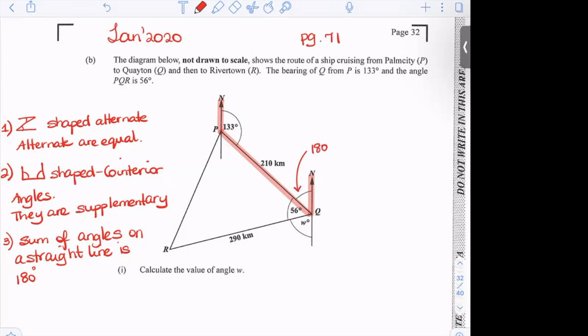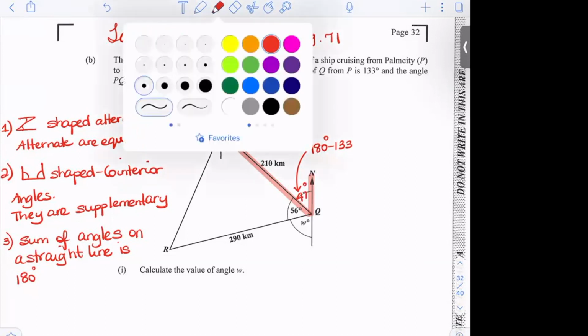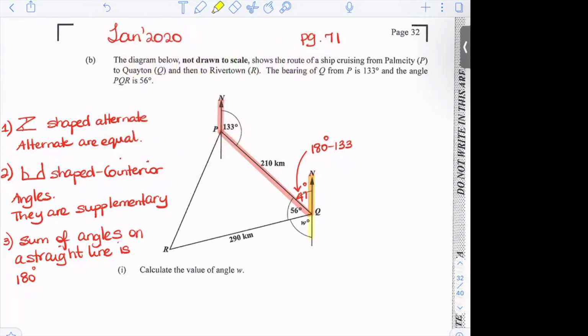Yes. 180 minus 133. This is 47. Now, this is a straight line. So all the angles on a straight line is 180.